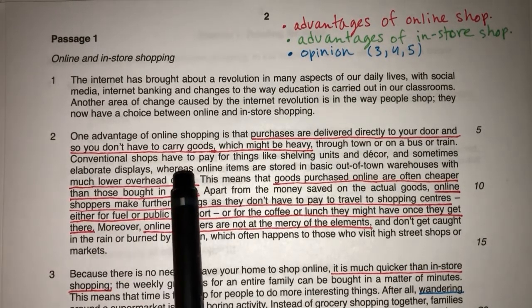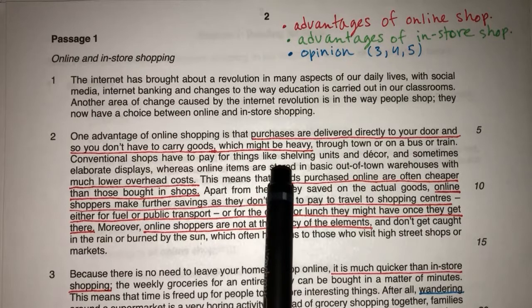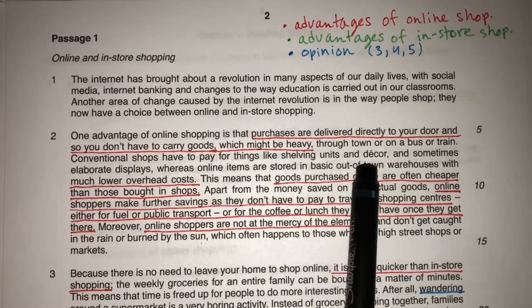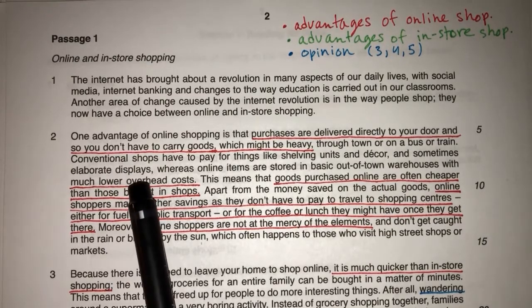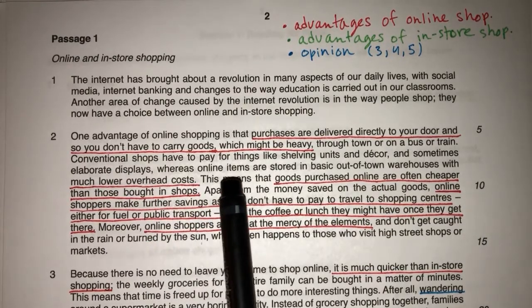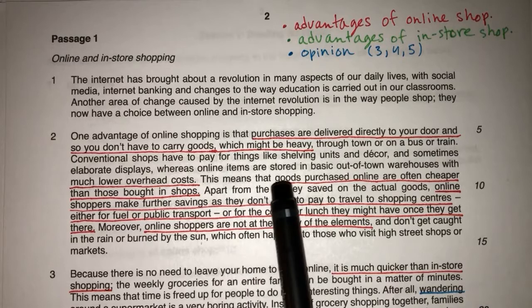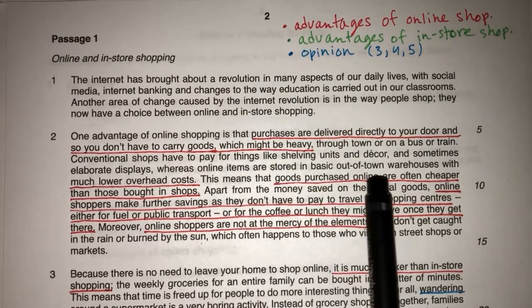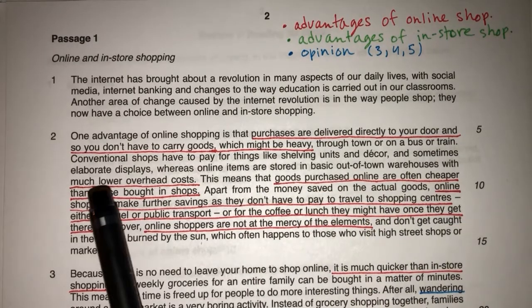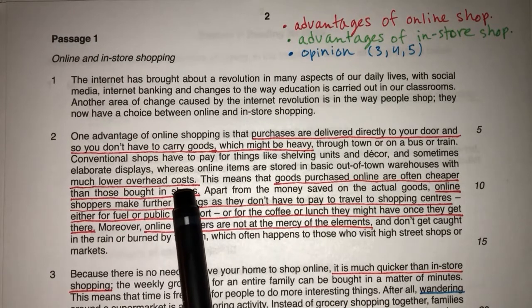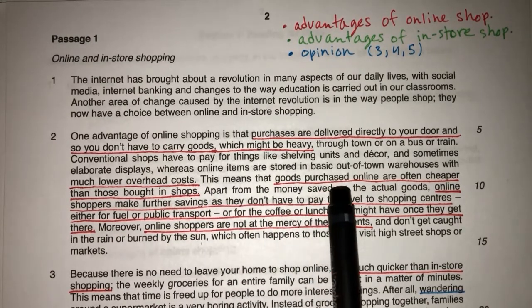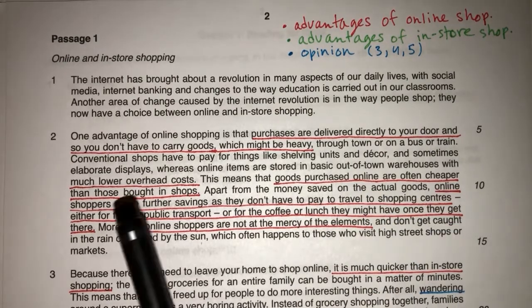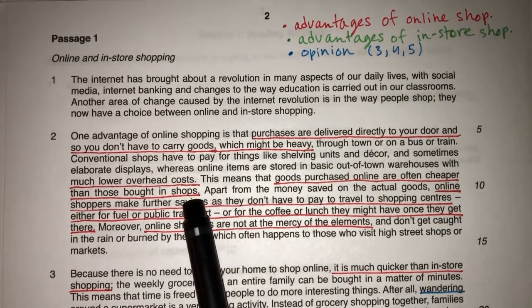Conventional shops have to pay for things like shelving units and decor, and sometimes elaborate displays, whereas online items are stored in basic out-of-town warehouses with much lower overhead costs. This means that goods purchased online are often cheaper than those bought in shops.